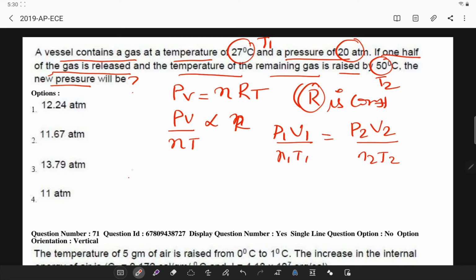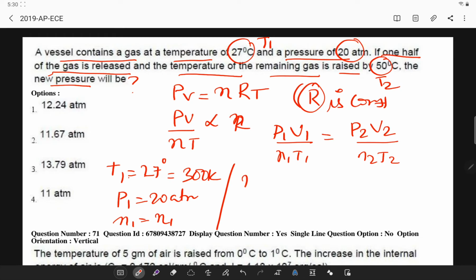So here T1 is 27 degrees or 300 Kelvin, P1 is 20 atmospheres, N1 is, let us consider, the same, and we have N2 is N1 by 2 because half of the gas is removed, and T2 will be 50 degrees above room temperature. So I can simply write 300 plus 50, or 350 Kelvin.